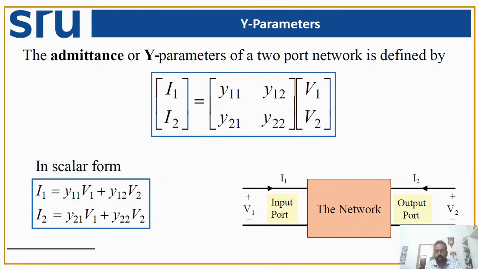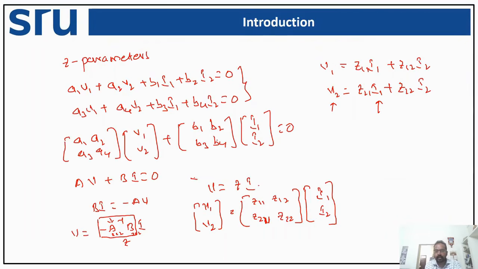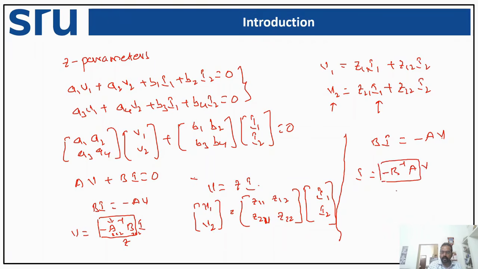So how did we get this matrix form or this scalar form? Rather than inverting A here, we are trying to invert B. We have B I equal to minus A into V. Inverting B, we get I equal to minus B inverse A into V. If we call this Y, the ratio of current to voltage, we call it our admittance matrix.